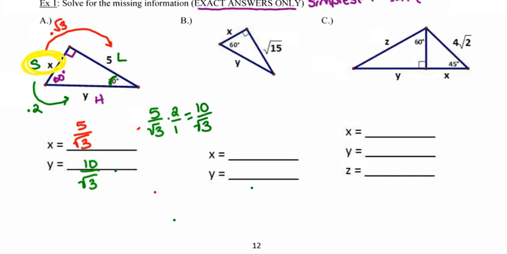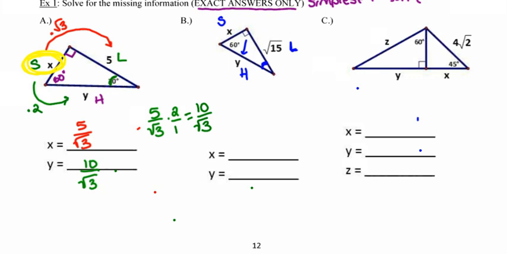All right, and looking at the next problem, letter B, I've got y, which is the hypotenuse. I've got x, which is the short leg, opposite the 30 or smaller acute angle. And I've got root 15, which represents the length of the longer leg, opposite the larger acute angle of 60.